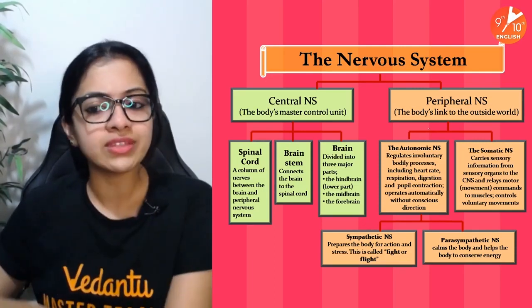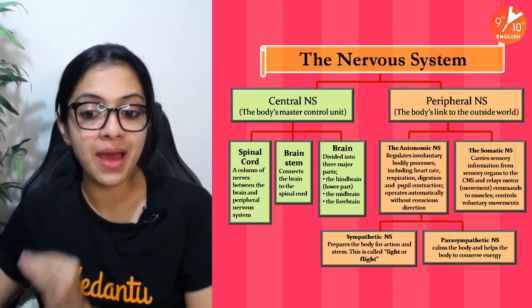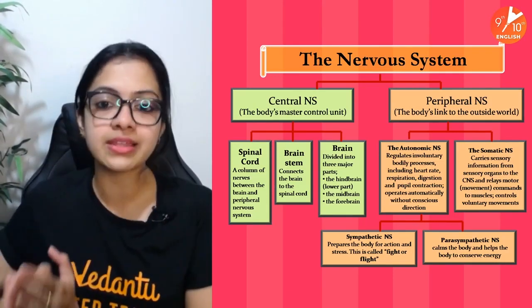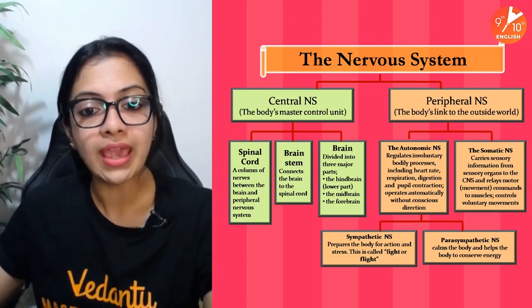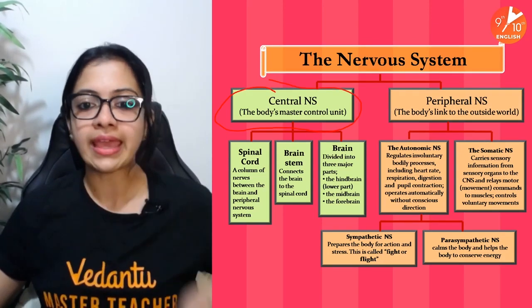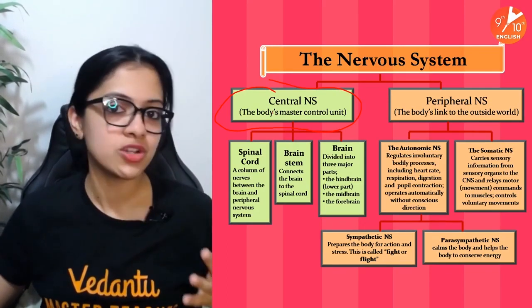Of course, all of the rest of it which you see here, autonomic and the somatic and sympathetic, parasympathetic, would all come under peripheral nervous system. Today we are going to be just discussing the central nervous system in a very short span of time.